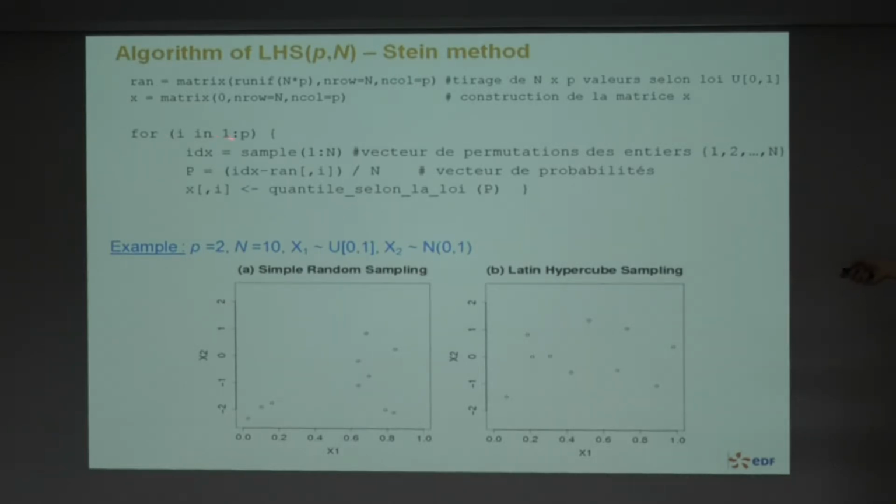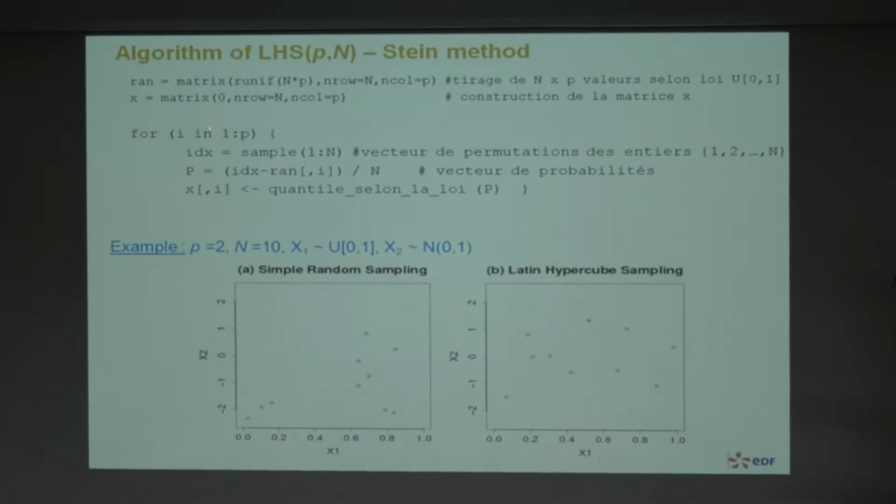You see, for each dimension, for each input, I create one permutation. This is just to transform this in probability with a kind of randomness. And after I take the quantile value. I will explain this afternoon more deeply.